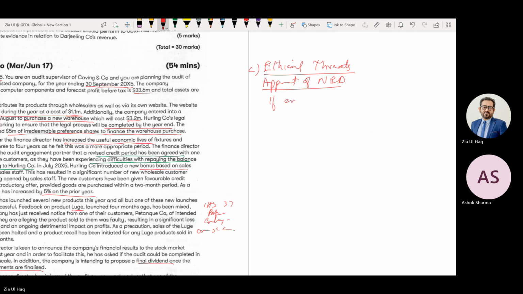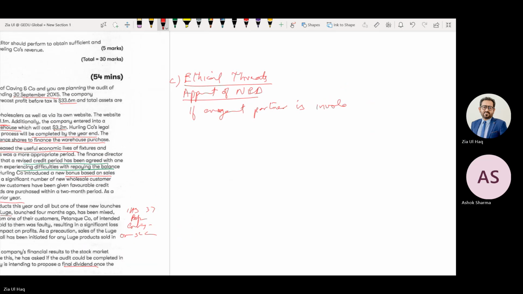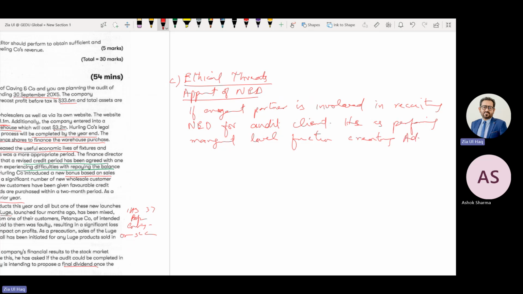If the engagement partner is involved in recruiting a NED for an audit client, he is performing a management level function, creating an advocacy threat.